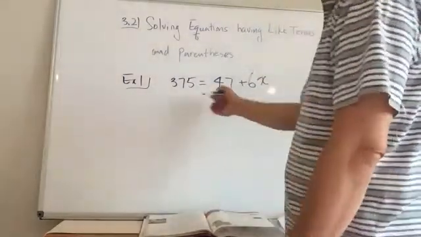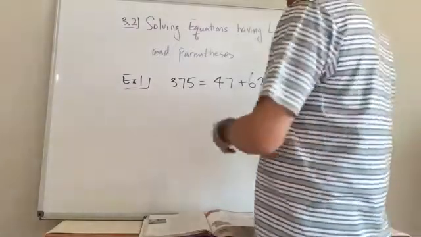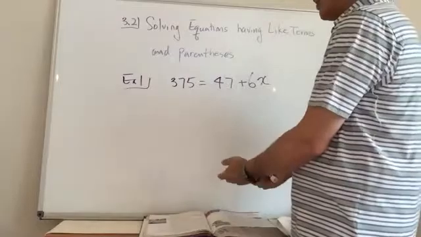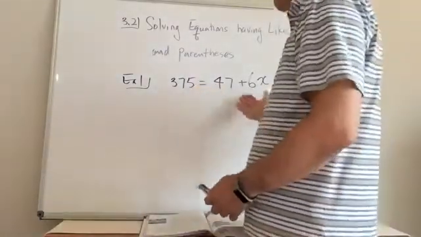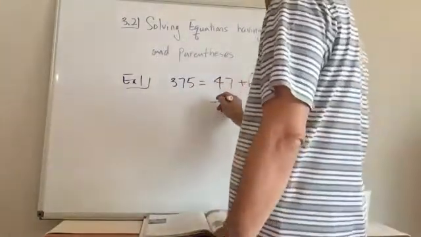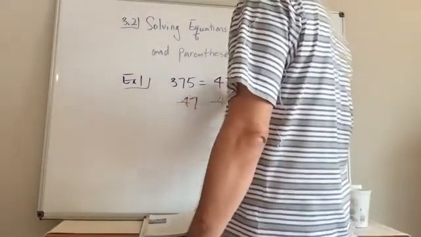Okay, so again, the setting up part is the hard part, the crucial part, because if you don't get this right, you'll be solving the wrong equation. Okay? So this is back to what we did before. So we're going to subtract 47 from both sides, and that gets rid of this.